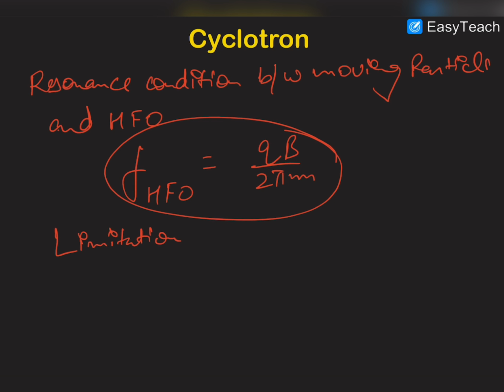Limitations of cyclotrons. So the first limitation of cyclotron is the fact that it could not accelerate the uncharged particles, because on uncharged particles there would be no electric force as well as no magnetic force. So we cannot accelerate the uncharged particles through cyclotron.